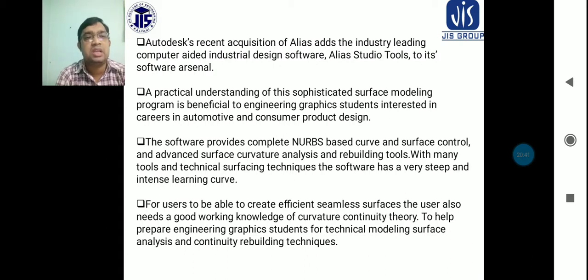To help prepare engineering graphics students for technical modeling, surface analysis and continuity rebuilding techniques are considered from the techniques of surface modeling.